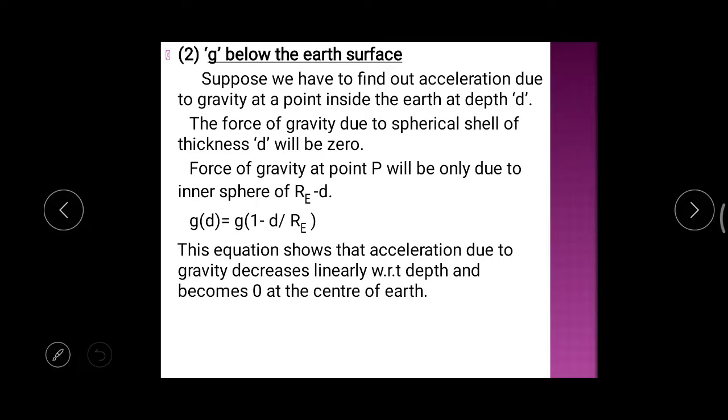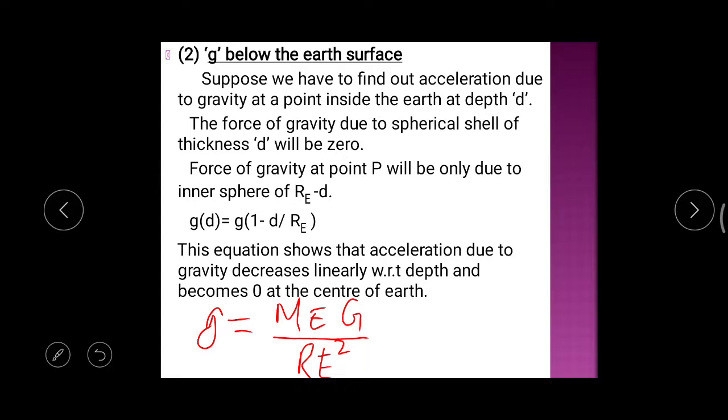So how does it vary below the earth's surface? You have g equal to G M_E divided by R_E square.